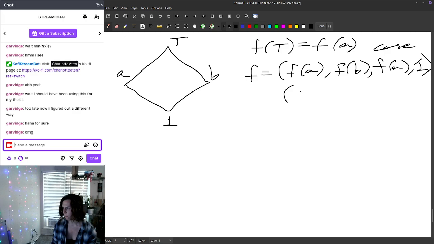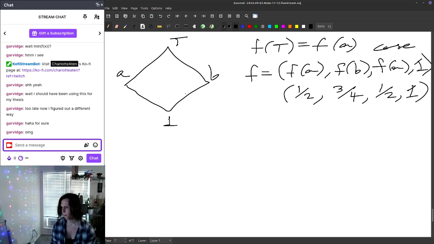Well, let's choose f of A to be 1/2. We need f of B to be something that is bigger, so maybe f of B is, I don't know, 3/4, and then f of the top is the same as f of A, and this is 1.